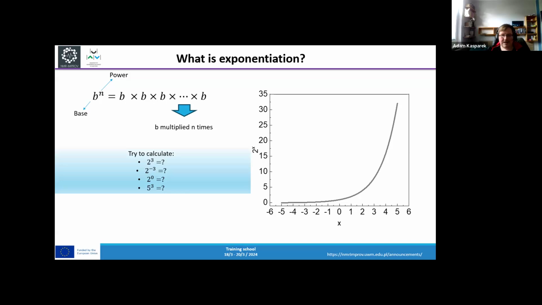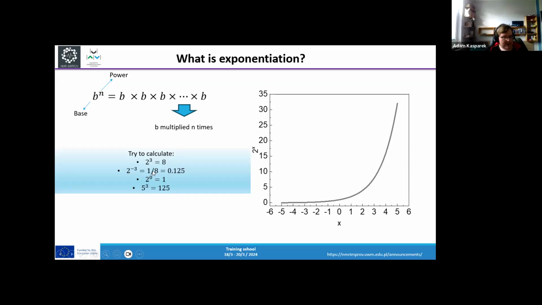And yes, Carol is one more time correct. Obviously, 2 to the power of 3 is 8, because 2 multiplied by 2 multiplied by 2 is 8. When the power is negative, that means that we divide by this number.